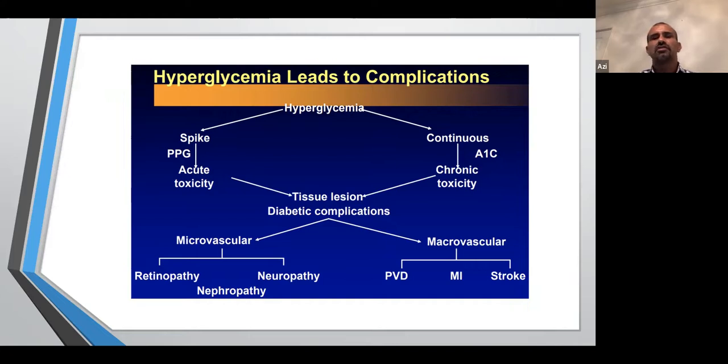Diabetes complications, we all know, are macrovascular: myocardial infarction, stroke, peripheral vascular disease; and microvascular: retinopathy, neuropathy, and nephropathy. For the macrovascular, we do ASCVD risk calculation. For microvascular complications, make sure that we send the patient for regular screening for the diabetes-related complications.